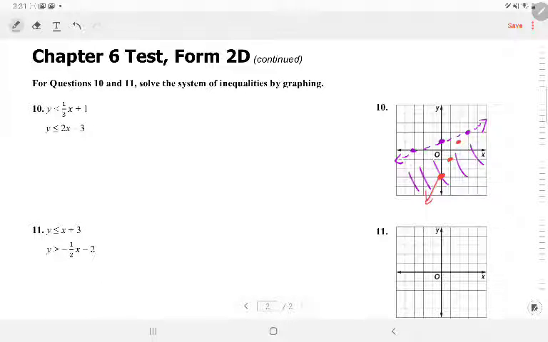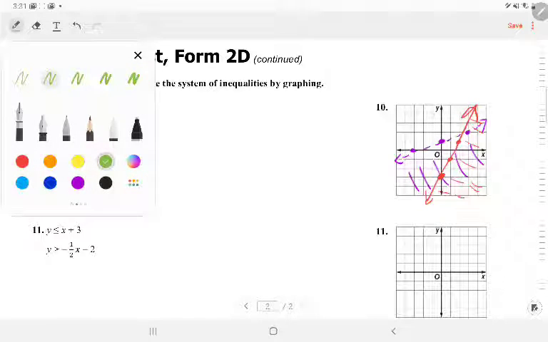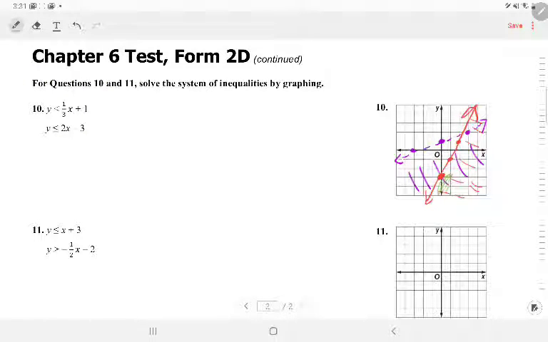So it's going to be something like this. And it's going to be all of this area. Okay? So therefore, let's go green. This would be the area that overlaps and needs to be shaded in. Okay? And that's how you would do it.